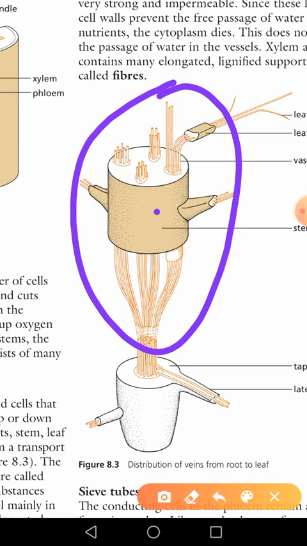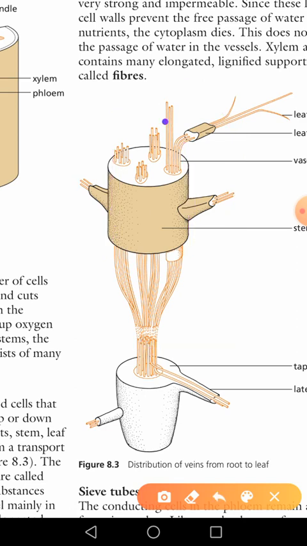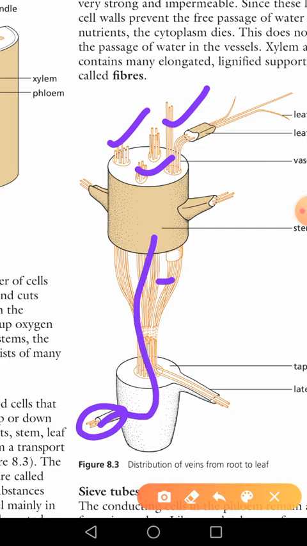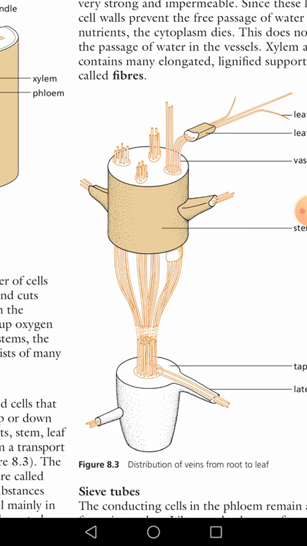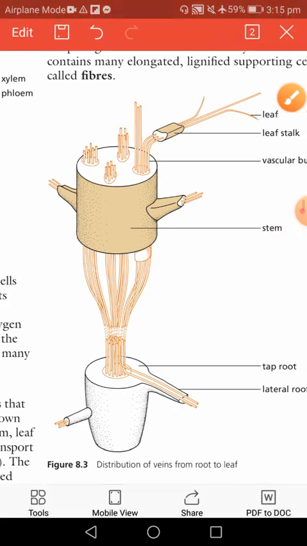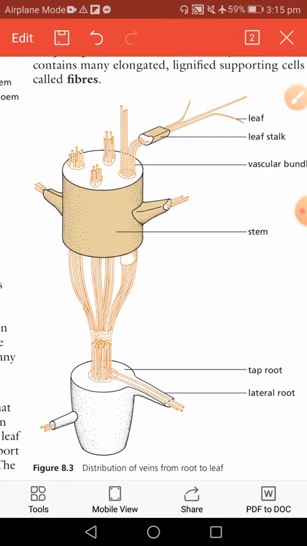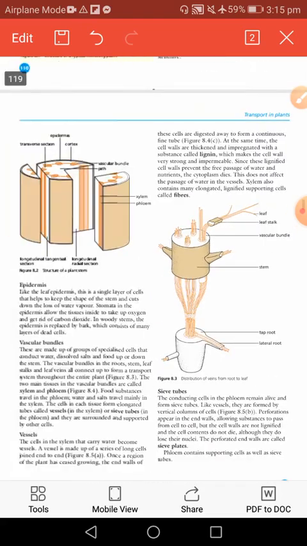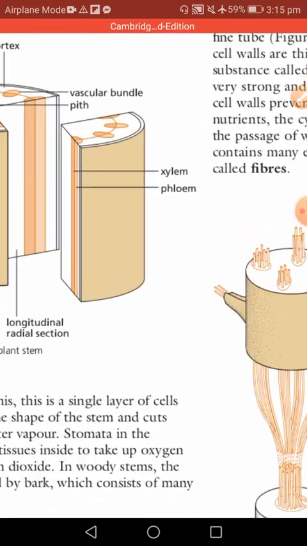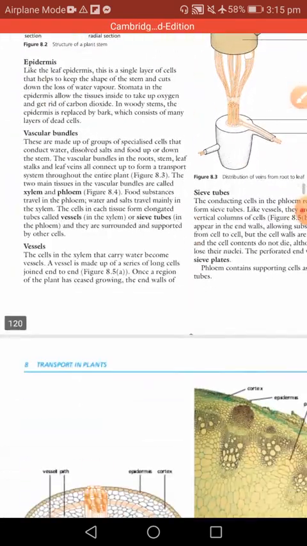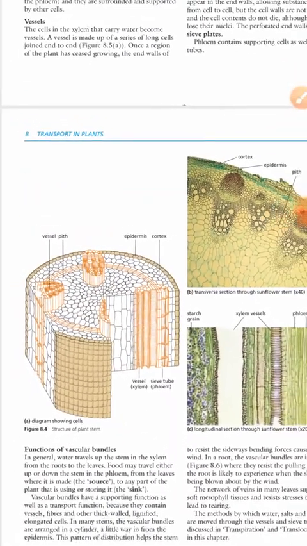In the longitudinal section you will find some vessels, which are spread all along from the roots to the stems and then to the leaves. These are the xylem and the phloem vessels. Now let's look at some details of the structure.